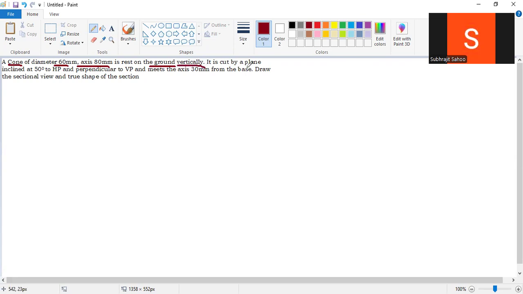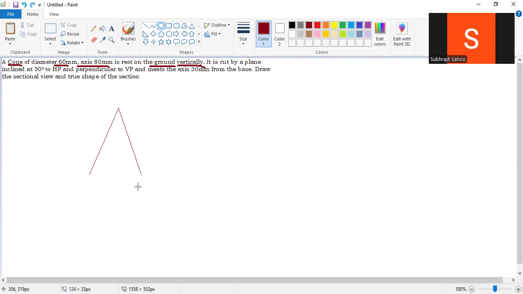Vertically, that means straight. You know the cone shape, right? Like this, some cone shape will come.